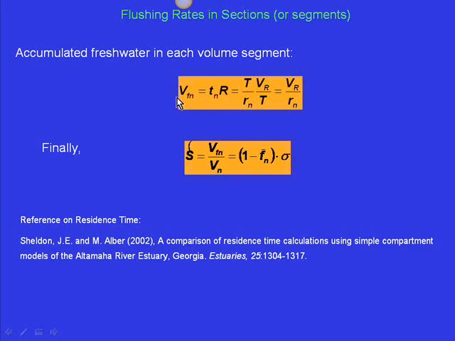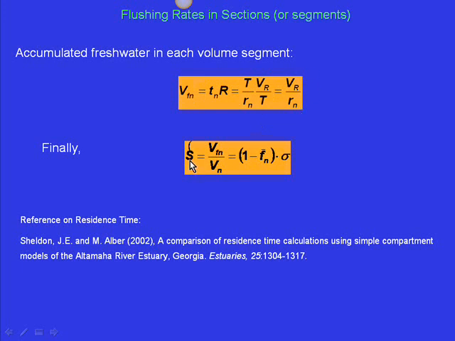So we get a volume, and that's obtained from this residence time, T sub n equals the tidal period divided by the exchange ratio, and then this river discharge equals the freshwater volume divided by the tidal period. So notice we can eliminate this tidal period in such a way that the fresh water accumulated in each one of the segments equals the volume of fresh water divided by the exchange ratio.